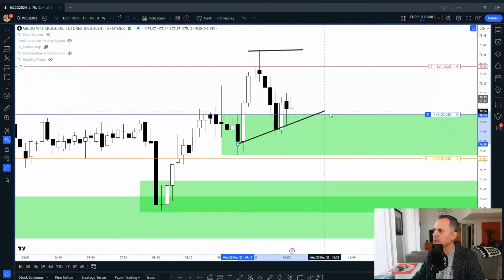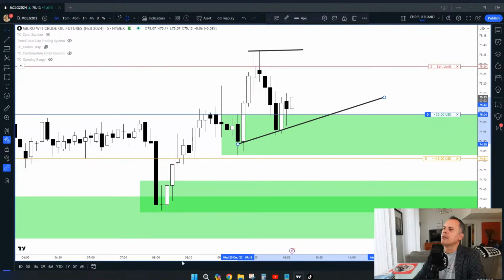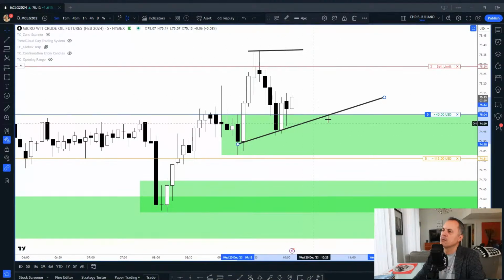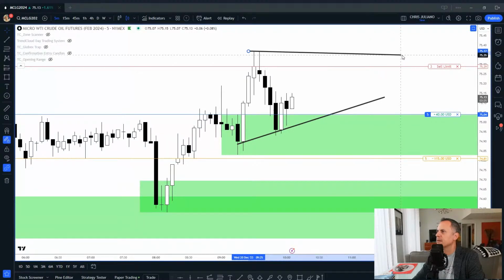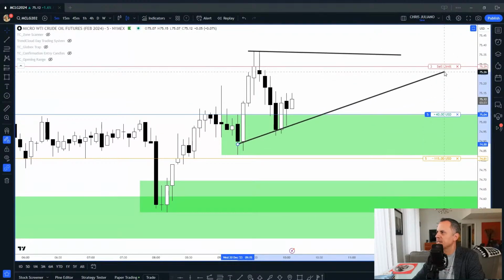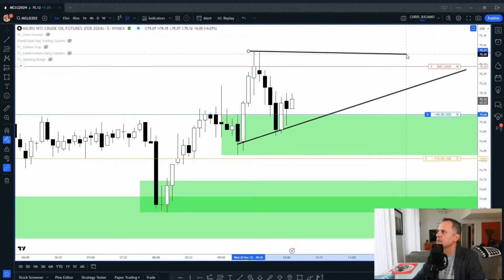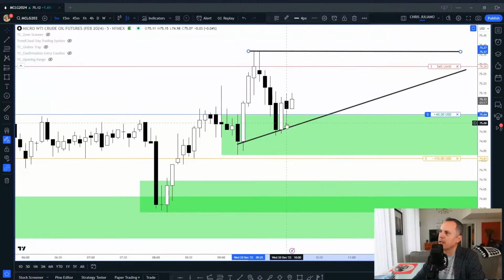There's your new trend line right there. Okay. So it will form that triangle, right? And you would extend this all the way out like that. And you'll see this thing climb right out of that triangle. That's the idea. Okay.